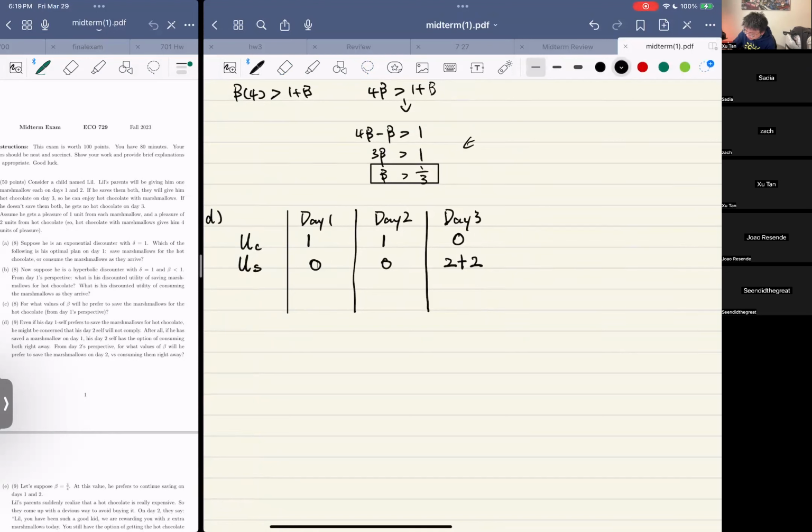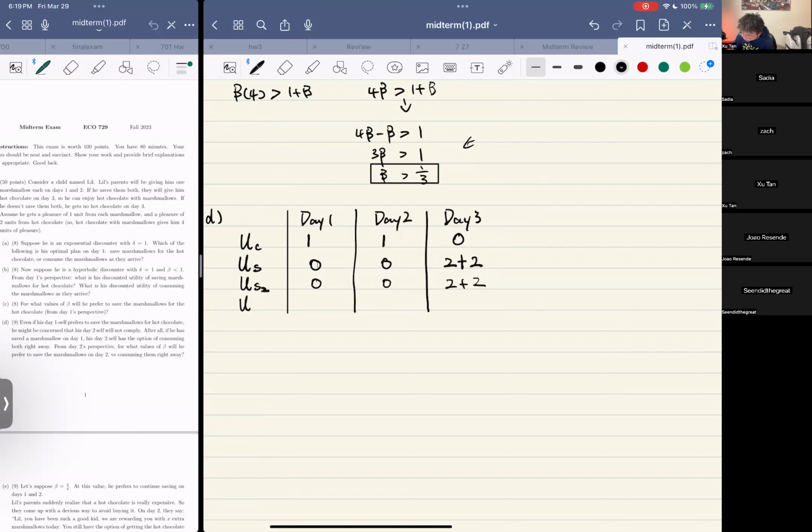let's assume that this person has already saved. So let's create this U of save day 1. Then your day 1 looks like 0, and your day 2, if you save, will be 0, and day 3 will be 2 plus 2. But let's put this day 2.